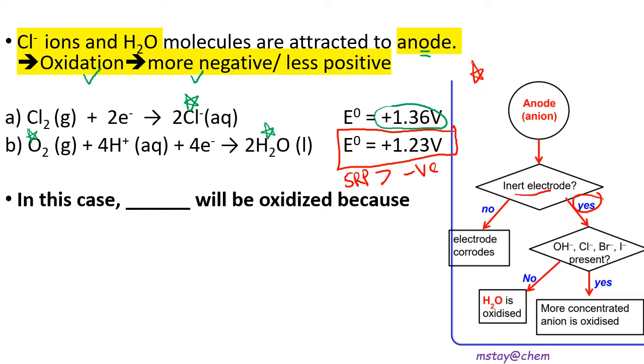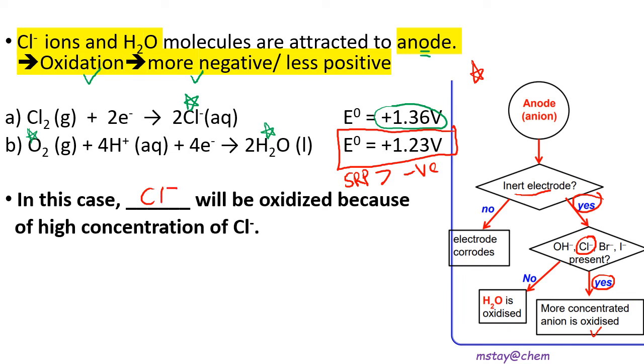From here, we know that the ion selectively discharged is Cl-. The conclusion here is that the one which is more concentrated will be oxidized. So now we have Cl- and also water. Because just now we said that it is concentrated NaCl, Cl- will be oxidized because of its high concentration.